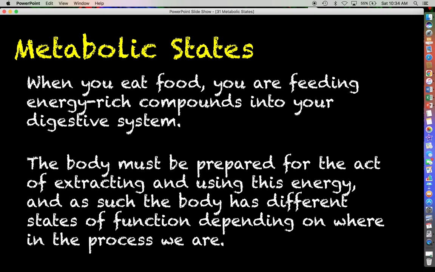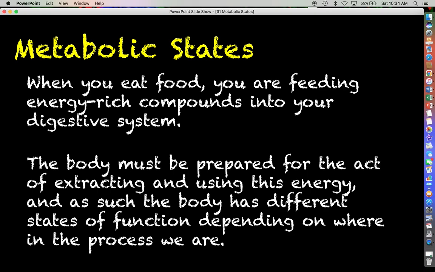So what the body is preparing for at that point, once we digest the food and absorb that food across the intestinal epithelia and into the bloodstream, the body has to get ready because there is a lot more involved in dealing with digesting and processing a meal than you might expect.